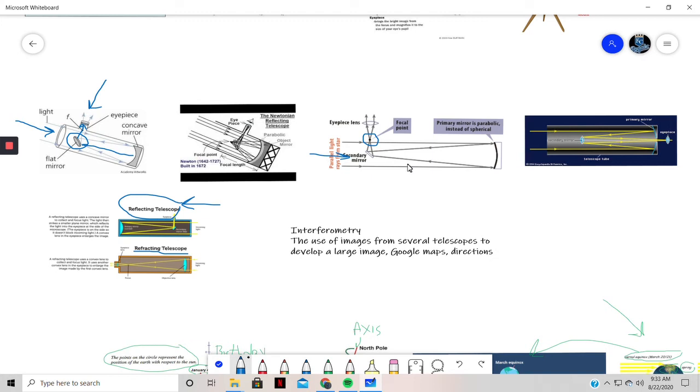So you already have 4 things to have on your notes. The 5th and 6th thing to have on your notes is just a little summary, 2 or 3 sentences, 4 sentences if you're going to go crazy. Just describe how a reflecting telescope works in one paragraph, and in a separate paragraph give me a summary, 2 to 4 sentences, of how a refracting telescope works.